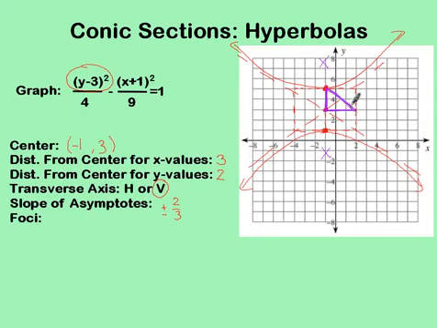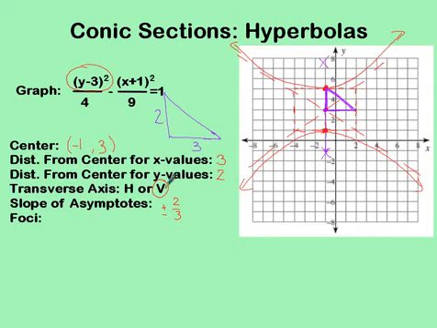This hypotenuse is the same length as from the center to the focus in both directions. So if I was to draw that, the bottom part of this would be a distance of 3. The top part would be a distance of 2.